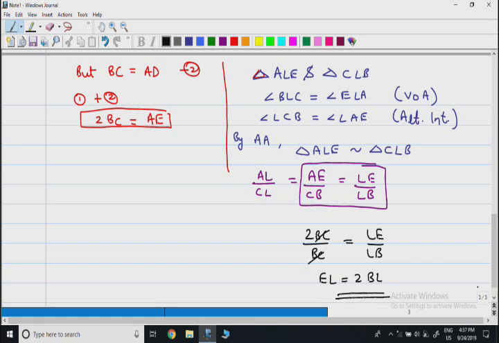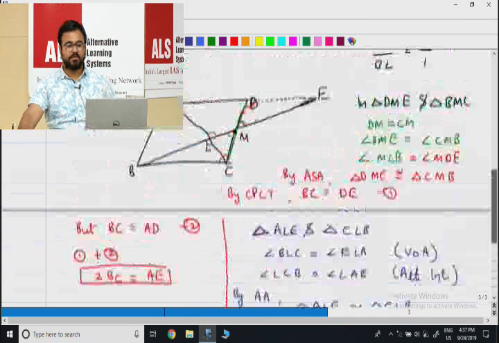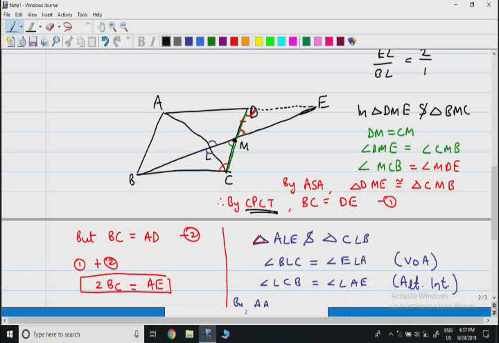In 9th class, when you were studying congruent triangles, you must have seen the word CPCT. It is known as corresponding parts of congruent triangles. When we have proved that two triangles are congruent, then all the corresponding parts will be equal.